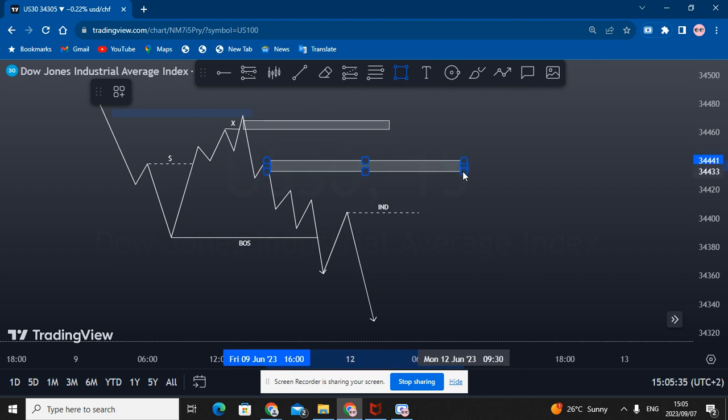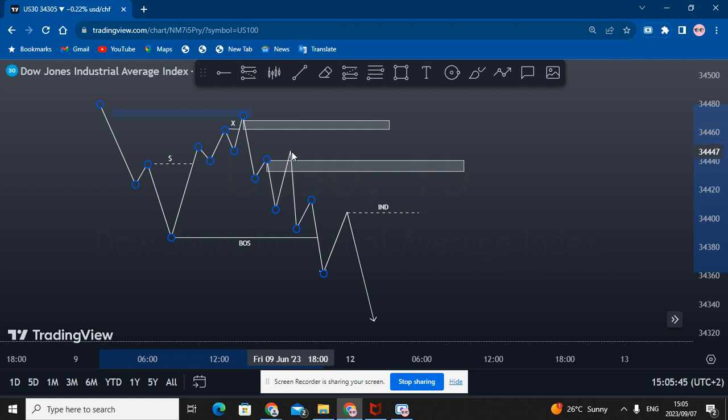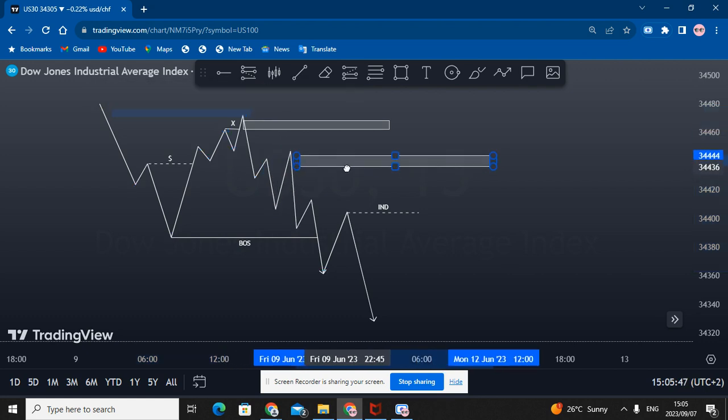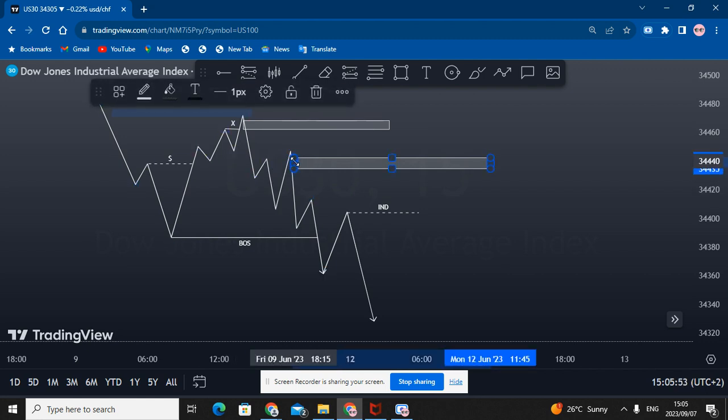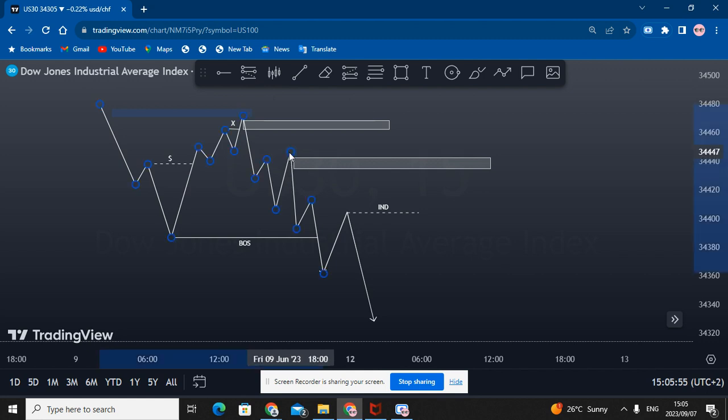So we have another order block there, but the order block there is not high probability. We could have said that the order block there is high probability if this high broke that high. Then we would have a high probability order block there and would anticipate that the market will come and take orders on this order block. Now the problem with that order block is that it didn't break that high.